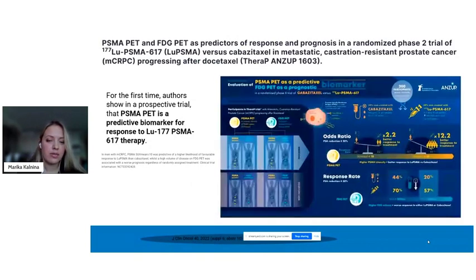And this is from this year, one of the latest publications, which shows that PSMA PET is actually a predictive biomarker for response to lutetium therapy, which is really important to choose the right patients for the therapy.